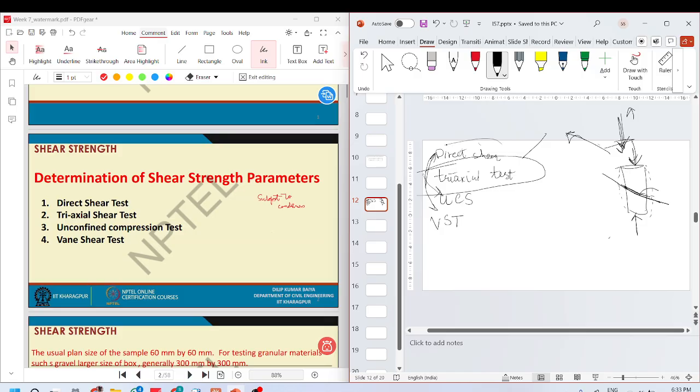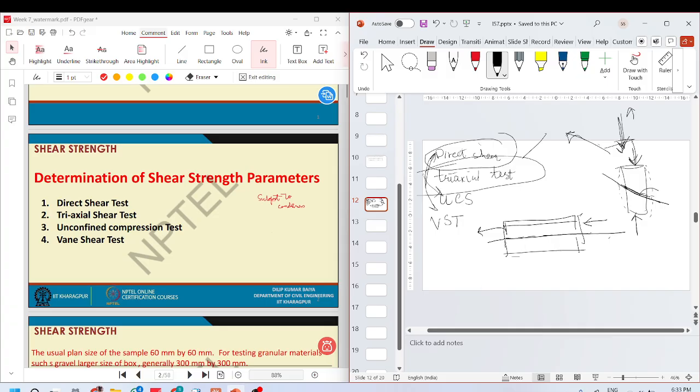But in the direct shear test, we don't let the soil decide its own failure plane. We have a box built with an upper and a lower half. We fix this like this and then fill it with soil. Because it has an upper and a lower half, we push the upper half in this direction and cause the soil to shear on this interface.